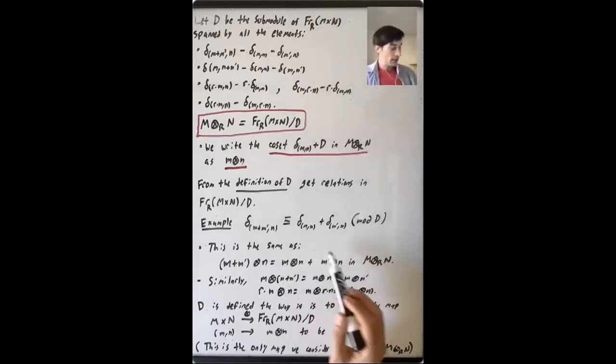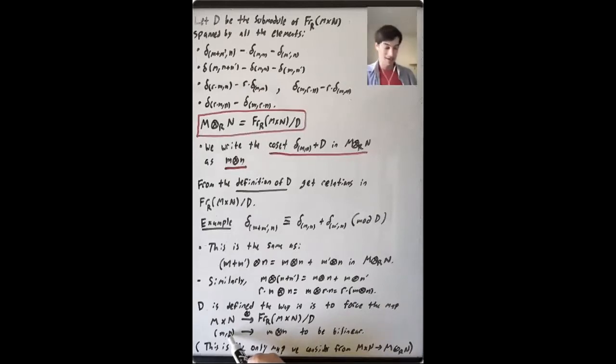These relations are exactly what's needed to see that if you hold one coordinate constant, you get an R-module homomorphism from M to this quotient. Same thing if you hold m constant, you get an R-module homomorphism from N. You can check, and you really should check once, that this map really is bilinear because of all these relations.